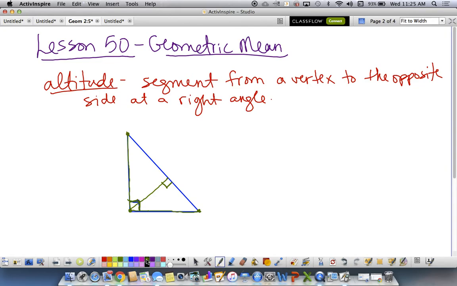Okay? And then they say something else. If we draw this altitude from the right angle to the hypotenuse, it will do something to that big triangle. It makes two similar triangles that will also be similar with your original triangle. Okay, so if I draw purple right here, how could you classify this purple triangle? It's a right triangle. Okay, if we're just talking about angles.